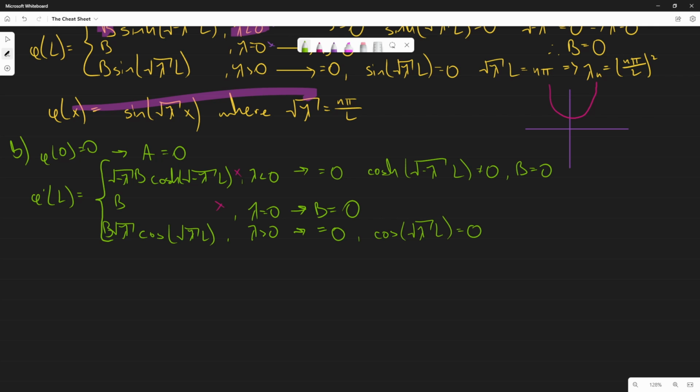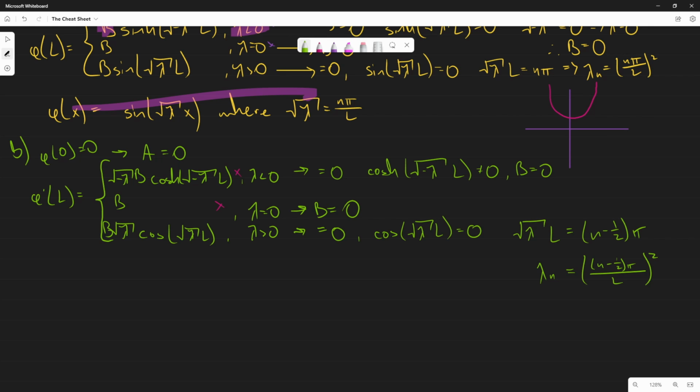And this will only hold true if the square root of lambda times L is equal to n minus 1/2 times pi. So more specifically, we have an infinite number of solutions. Lambda of n is going to be equal to n minus 1/2 times pi all over L, and the entire thing squared. And so this is giving us a non-trivial solution.